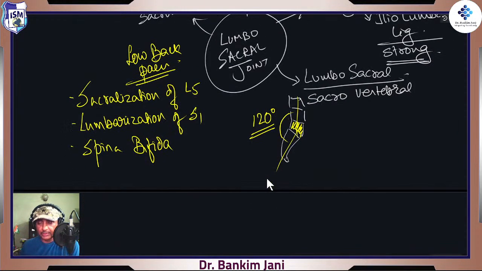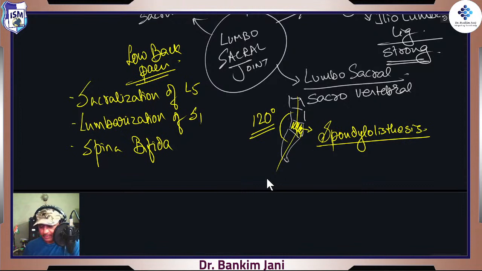Also radiologically you will see that sometimes the vertebra slips forward. When it slips forward, that is what is called spondylolisthesis. And it's a pretty painful condition, because over here the vertebra slips forward.